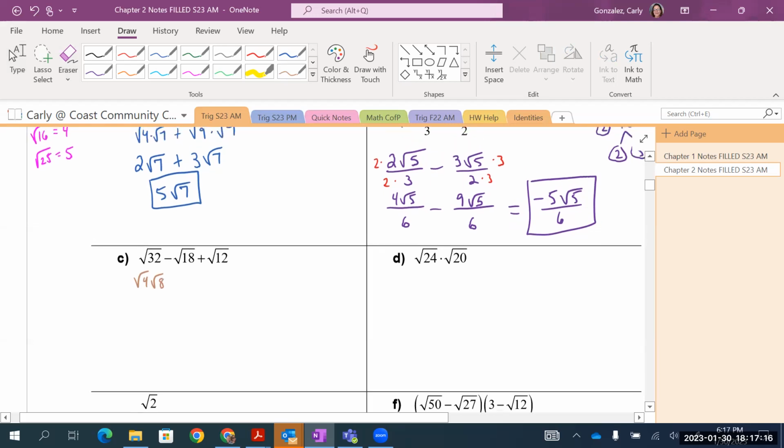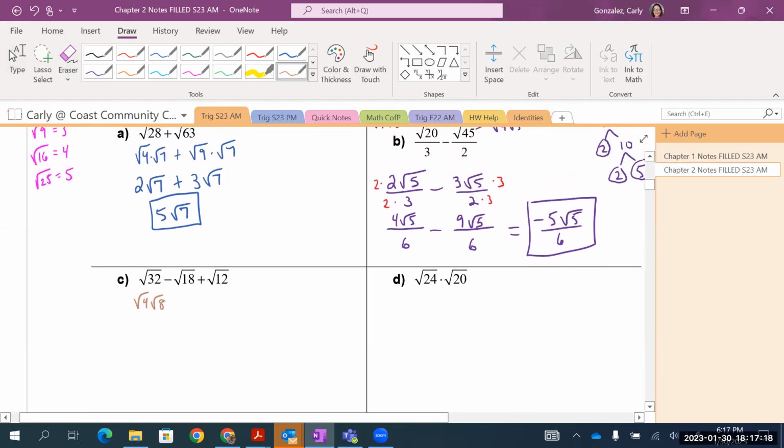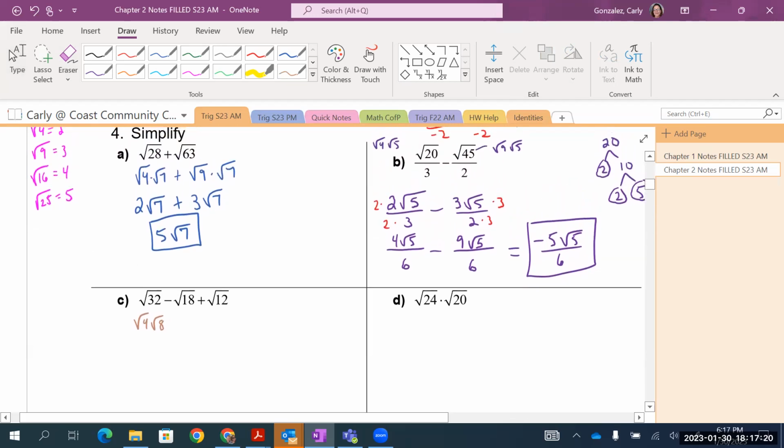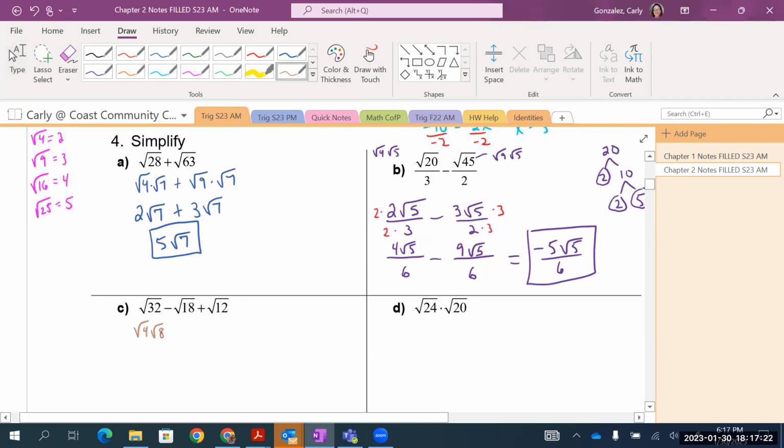Well, if we do it that way, we'll see that rad 8 can actually be broken up even further because the 4 can also go into the rad 8 again. So we could break that up into rad 4 times another rad 4, rad 2. And so that's going to give us that 2 times 2, rad 2.